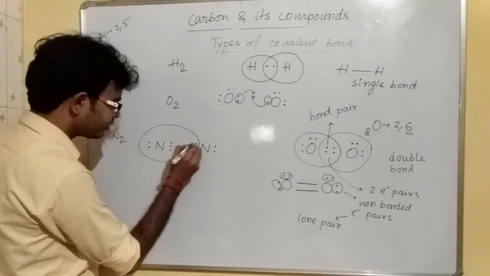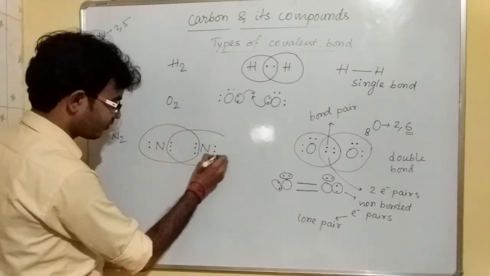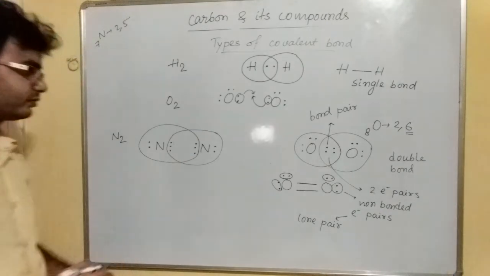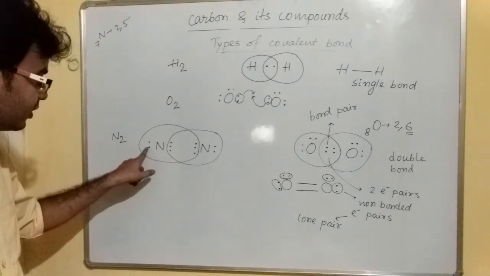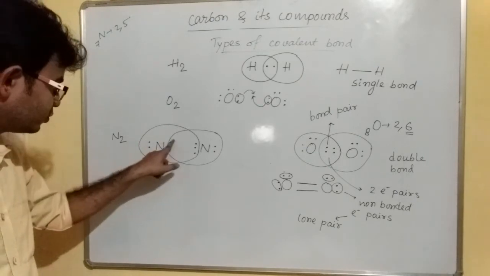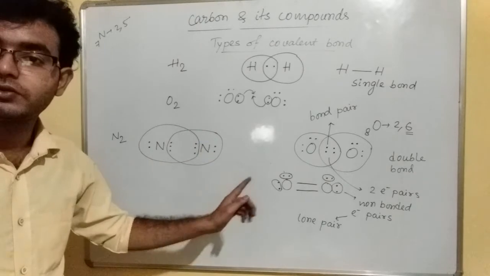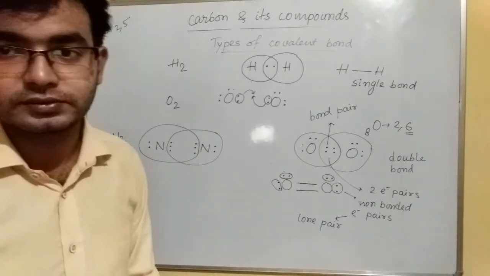I am drawing it like this. Okay, here it is. What is happening here? For this nitrogen the number of valence electrons is 1, 2, 3, 4, 5, 6, 7, 8. For this nitrogen the number of valence electrons is also 8. So both of them get a filled octet.